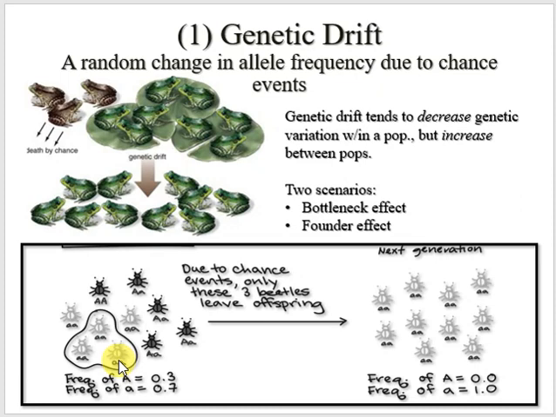So the individuals that are surviving and going on to create the next generation after some chance event that has led to genetic drift, they are not surviving because of natural selection. They are not surviving because they have some adaptation that makes them better suited or better able to survive in these new environments.